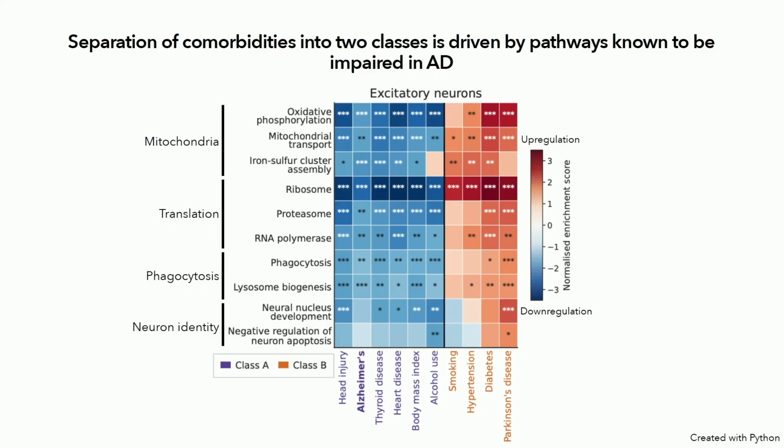To interpret this pattern, it helps to know how cells respond to stress. So previous work has shown that these comorbidities damage the mitochondria. When cells face this kind of stress, one way that they can respond is by activating mitochondrial and translational pathways to generate new mitochondria. This is what we hypothesize is happening with the class B comorbidities.